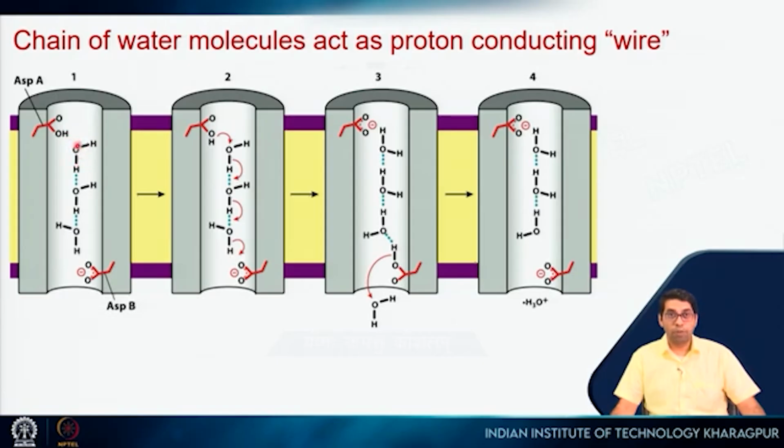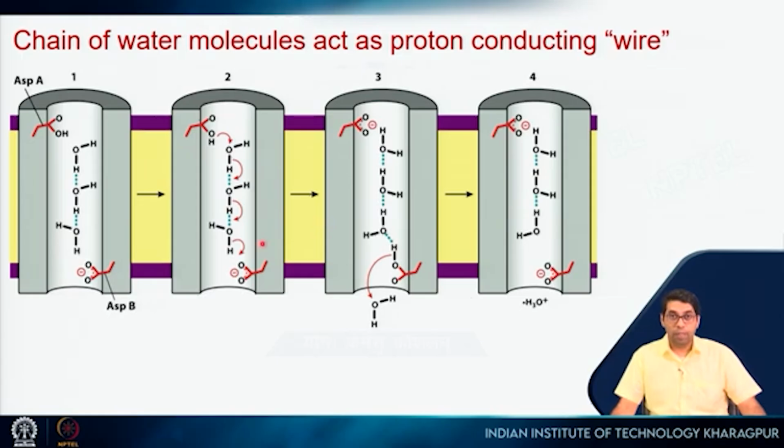So it will take the proton here. This proton will go to the next water molecule. This proton will go to the next water molecule, and this proton will be taken up by the aspartic acid, right? Like so. And finally, this aspartic acid will donate the proton to the water molecule which is on the other side of the membrane. Thereby, a proton from this side gets transferred to this side, right?